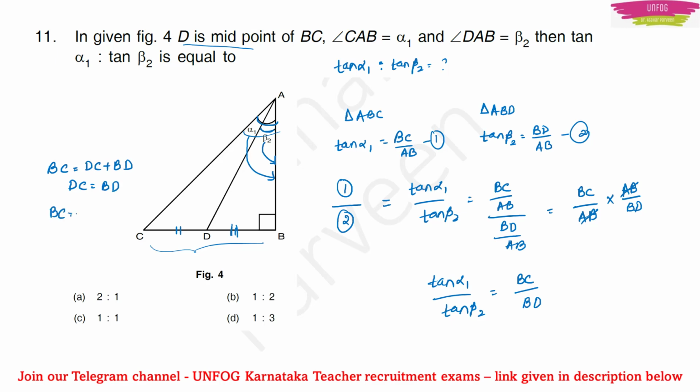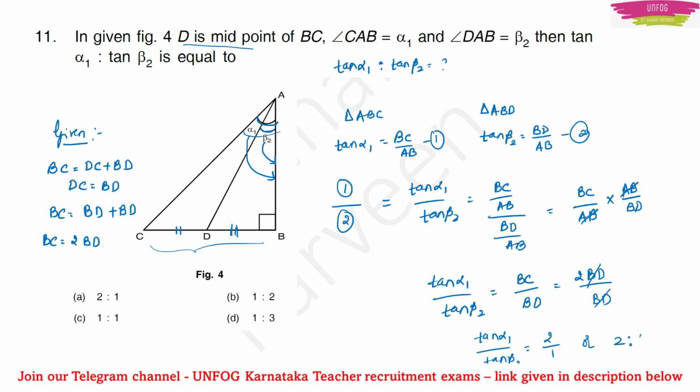So BC can be written as BD plus BD, or BC is equal to 2 times BD. So this was the given thing in the question. So in place of BC I can write 2 times BD, because D is the midpoint they have told. So this will get cancelled. So tan alpha 1 by tan beta 2 will be equal to 2 by 1, or the answer will be 2:1. Okay. So option A will be the correct answer.